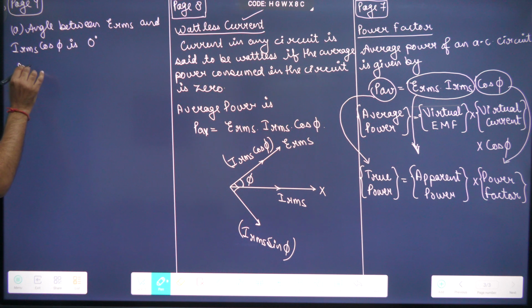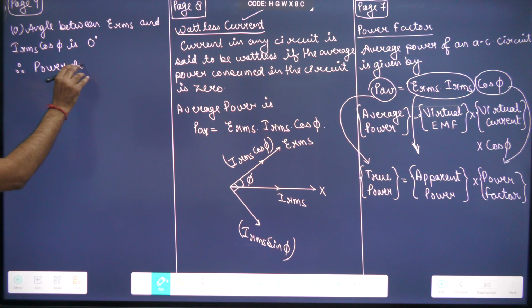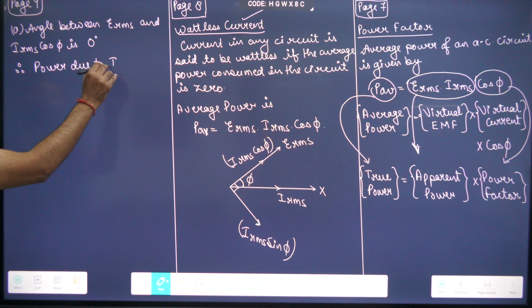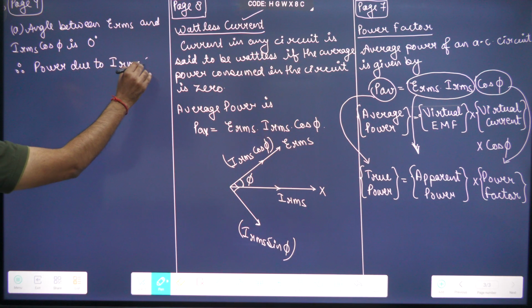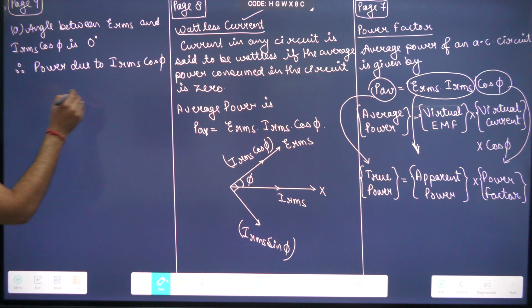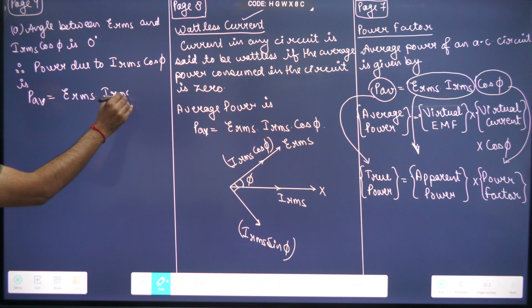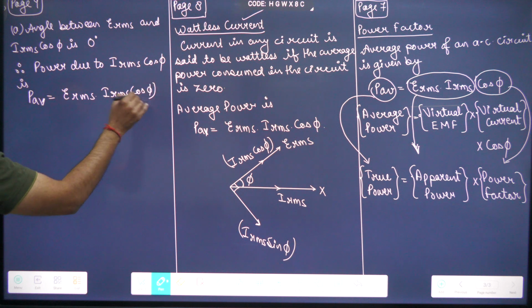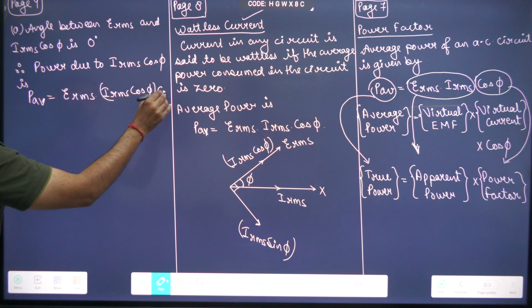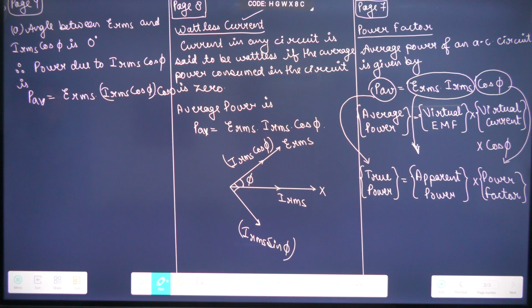Therefore, power due to IRMS cos phi is P average is equal to ERMS into IRMS cos phi into cos 0. I hope that you are understanding.